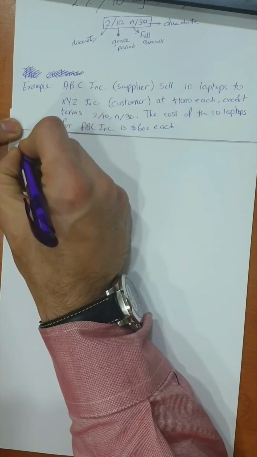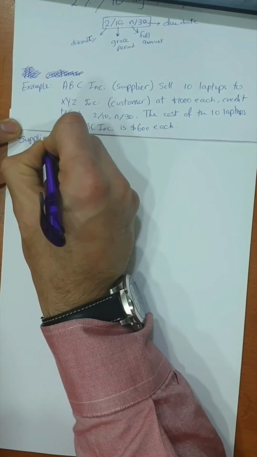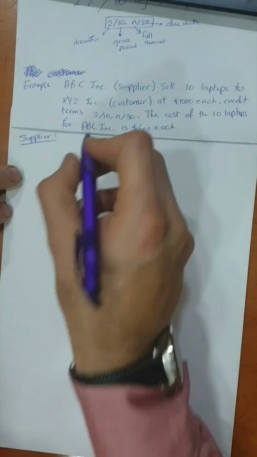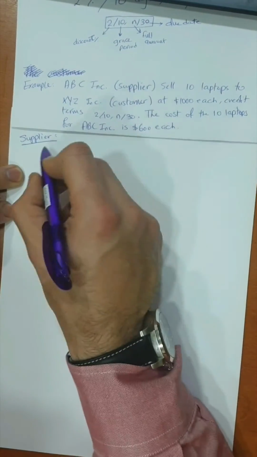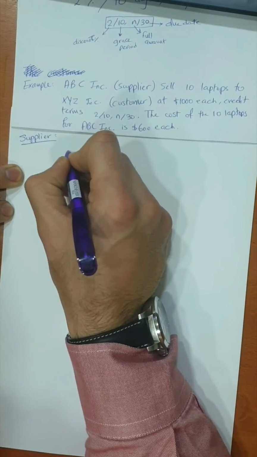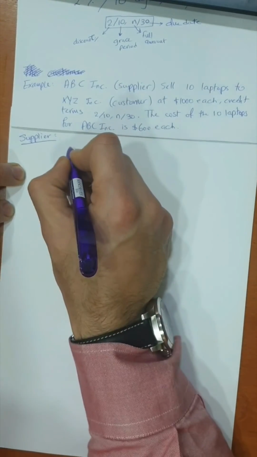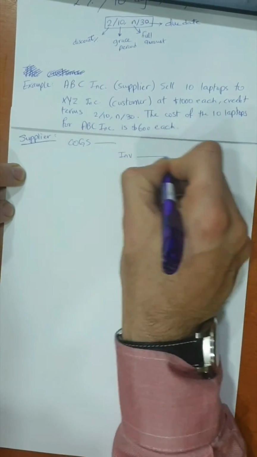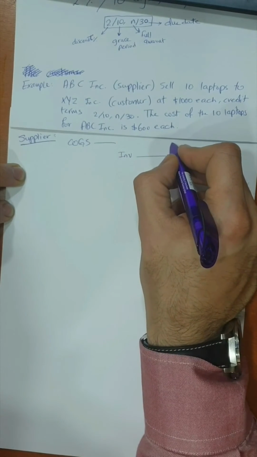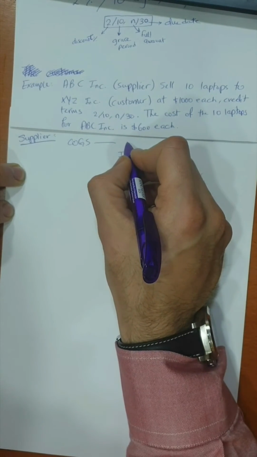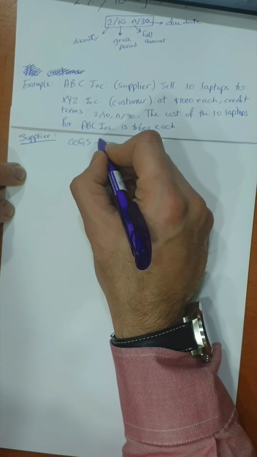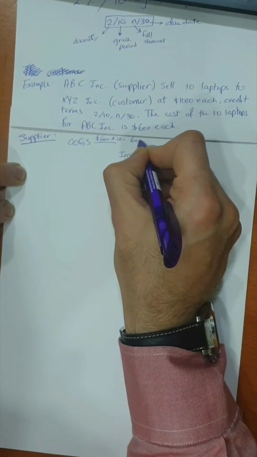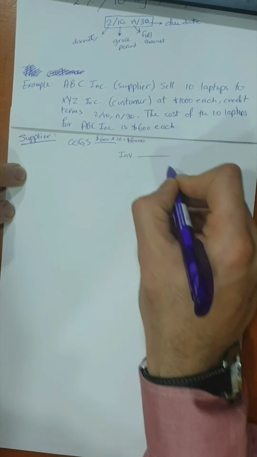As for the supplier, when they make the sale, they will simply have two entries that we know. The cost of goods sold and inventory, and these values are $600 multiplied by 10, so 6,000, and inventory 6,000.